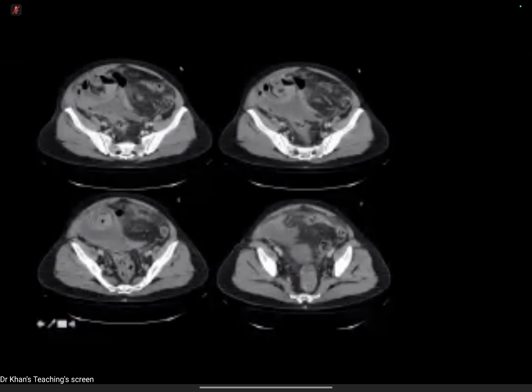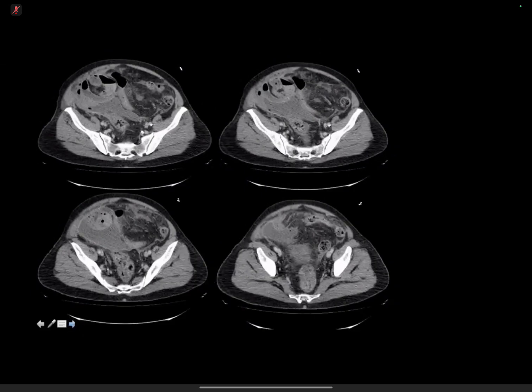So these are selective axial slices through the lower abdomen, which is demonstrating the right colon, probably cecum as well, and there's a collection around the right colon/cecum. Obviously, I'll have to go through the levels once I scroll them down.